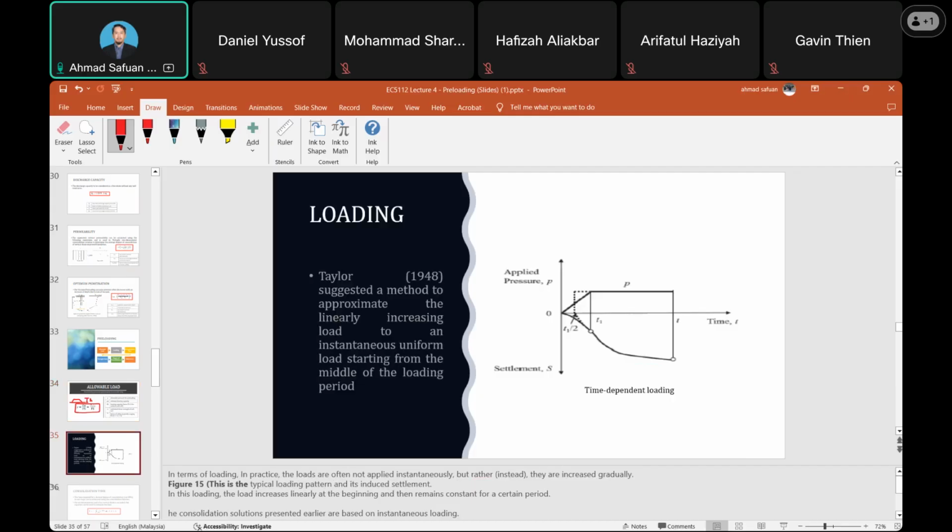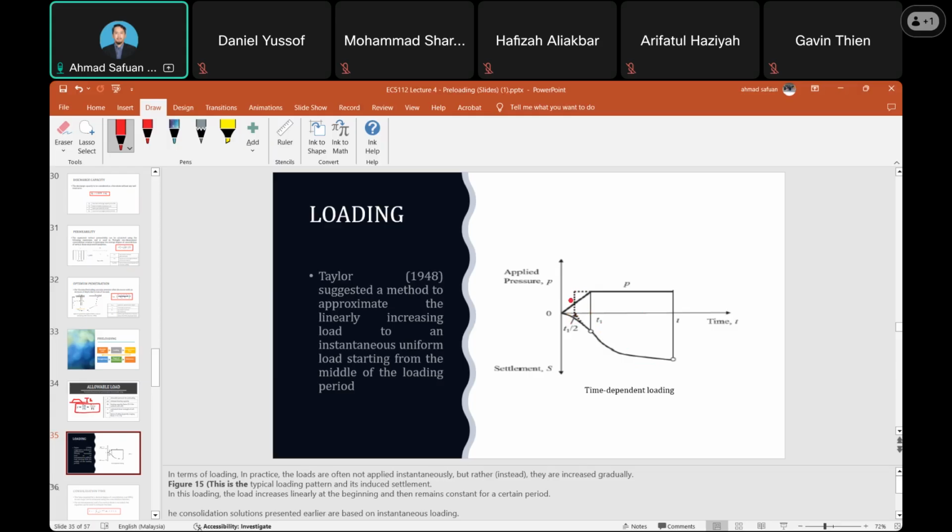Taylor suggested a method to approximate the linear increasing load to an instantaneous uniform load starting from the middle of the loading period. So in order to estimate the T1, we use the T1 over 2 approach.